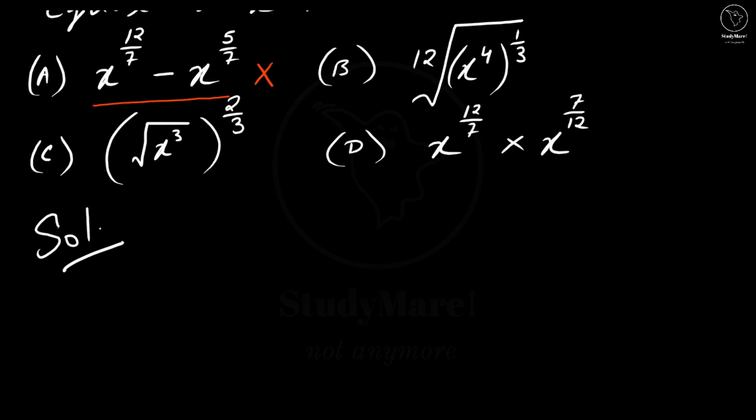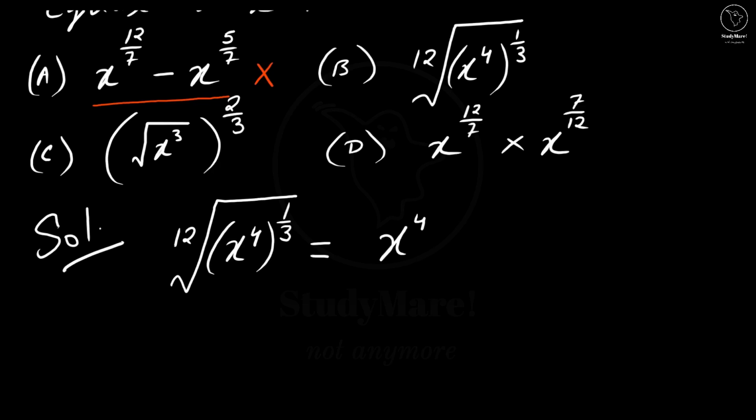Now let's try the second option, which is 12th root of x to the power 4 to the power 1 by 3. This can be written as x to the power 4 to the power 1 by 3 to the power 1 by 12.